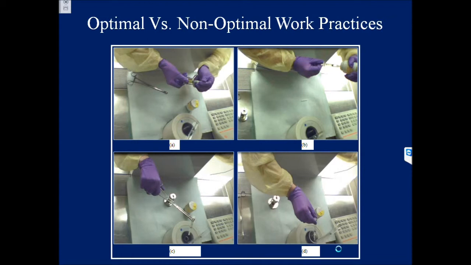On the right-hand side, the pictures show non-optimal work practices. And this is key because in some places, when they're doing certain parts of the procedure, they do not use optimal work practices. And it's still out there, and I had very recent papers showing that.